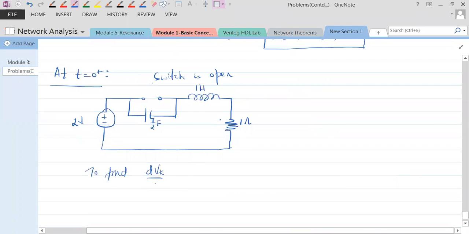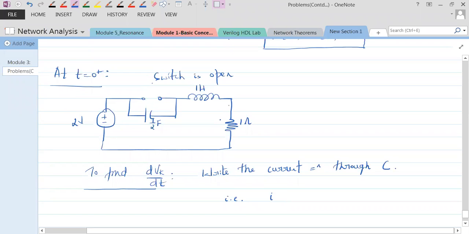To find dVk by dt, write the current equation through C. What is that? I of 0 plus is what we are writing.